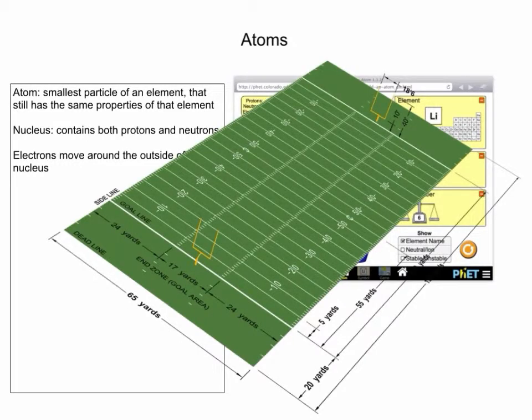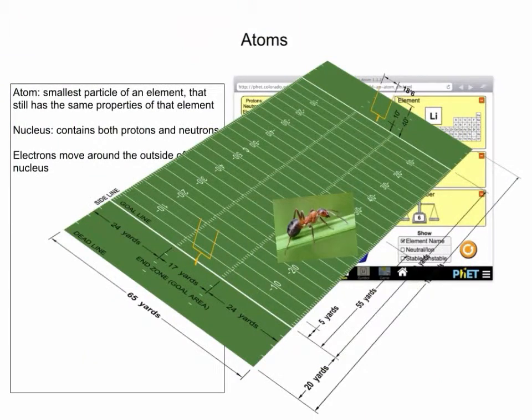To give you a better idea of the size of the atom in terms of how big the nucleus is compared to the total size of the atom, let's look at a football field. Now, if we say that the entire atom is the size of this football field, the nucleus, where all the protons and neutrons are, so we're going to put the nucleus right in the middle here, how big would that be?